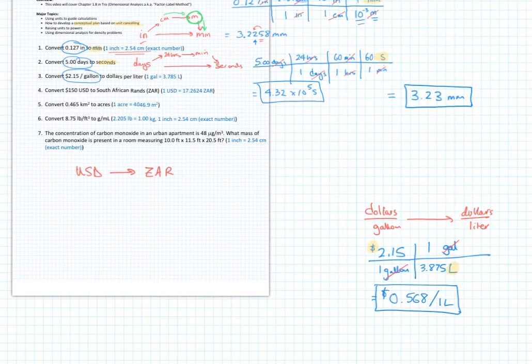So this is going to be $150 US times 17.2624 South African rand for every $1 US. I know these are a little bit weird with the dollar sign, but USD will cancel the dollar sign, and that will leave me with South African rand as my last unit.